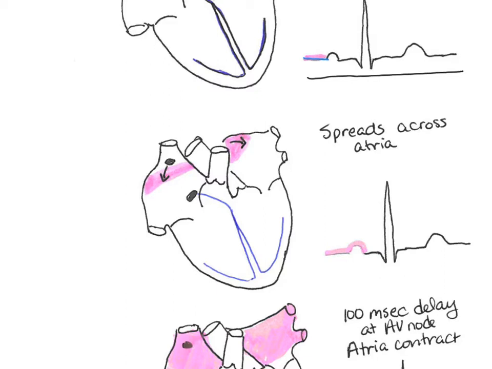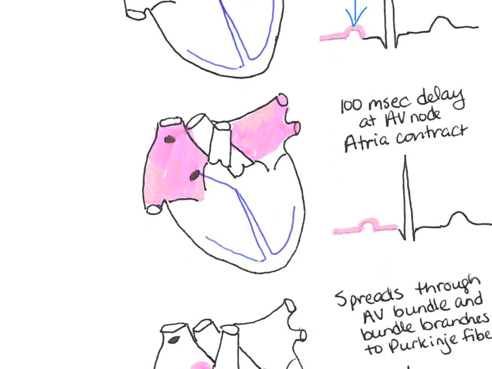And so now we see that P wave occur because the P wave signifies atrial depolarization. So all of those cells are depolarizing, they're getting ready to contract. They're becoming excitable, right?